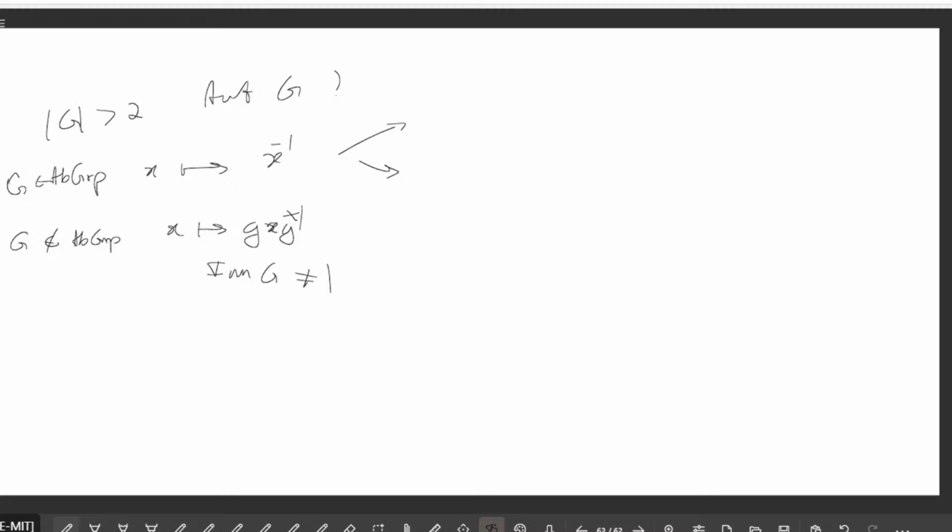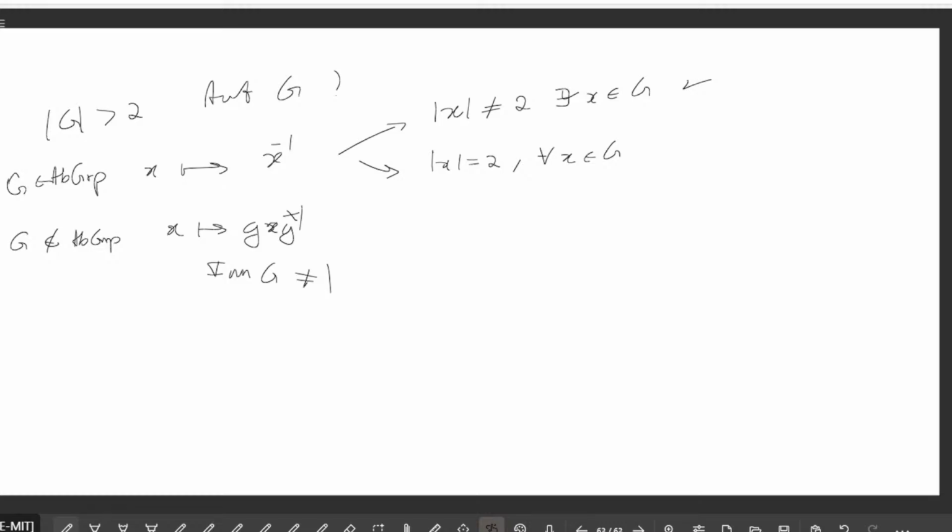In the abelian case, is x going to x inverse non-trivial? If x is not an involution, that is, if the order of x is not 2, then this is not trivial. Suppose the order of x is equal to 2 for some x. Then you're done. No? For all x in G.